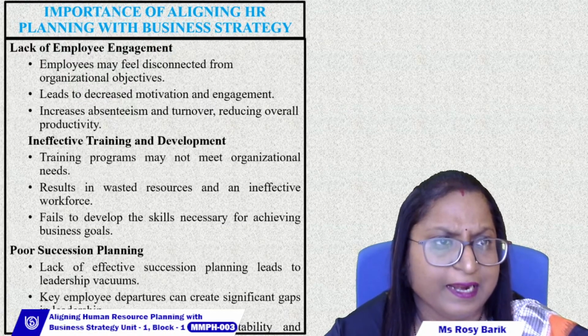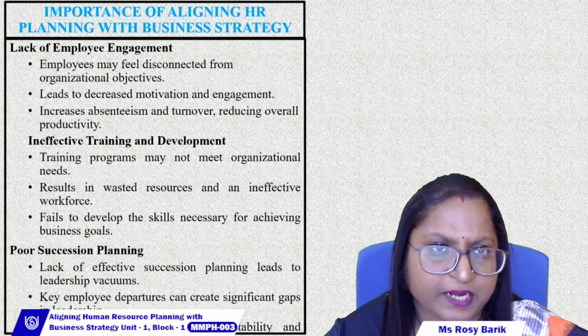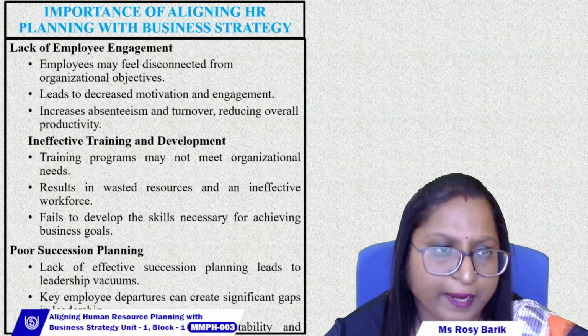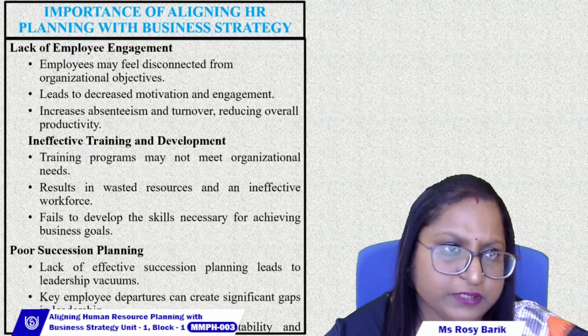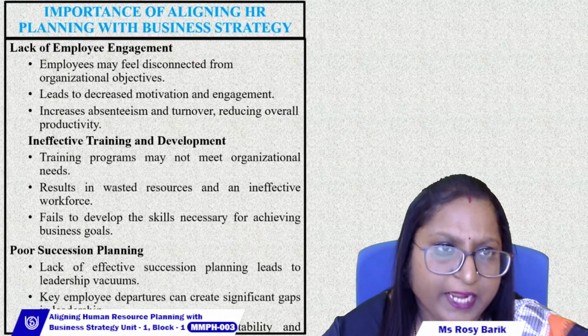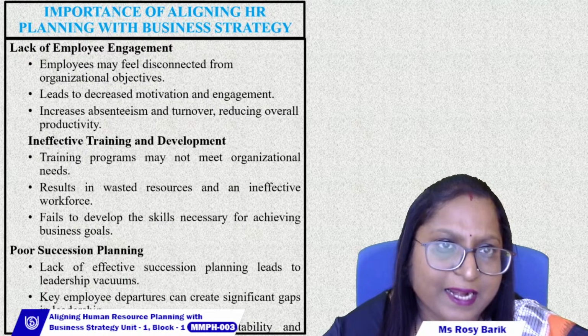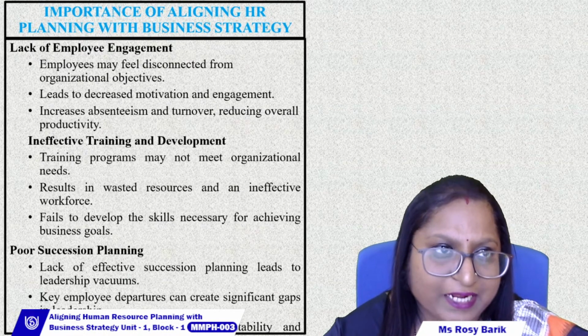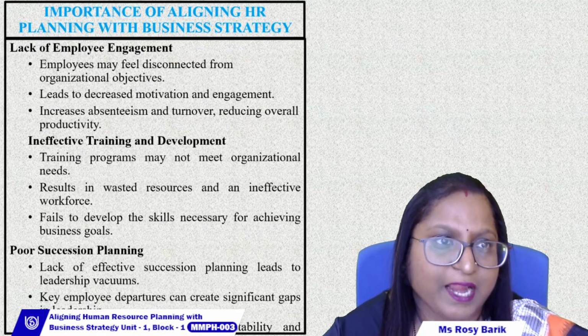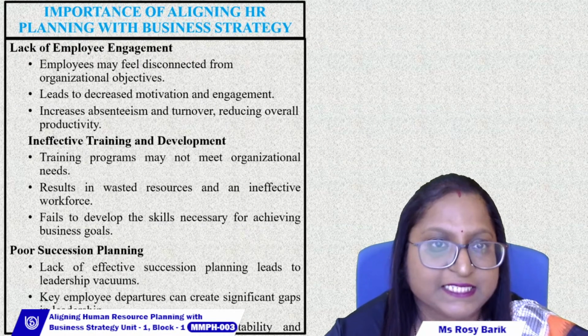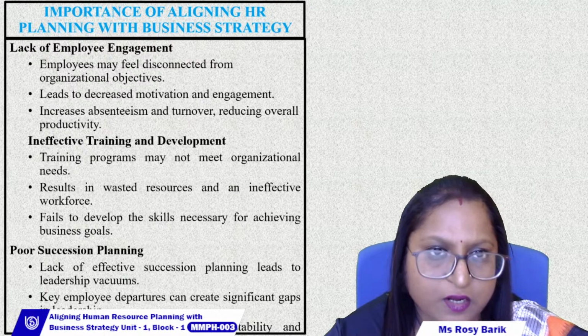Moving to the lack of employee engagement, as we know that engaging the employee is a crucial part of the organization. Here, if there is misalignment of HR planning with the business strategies, then the employee may feel disconnected from the organizational objectives.